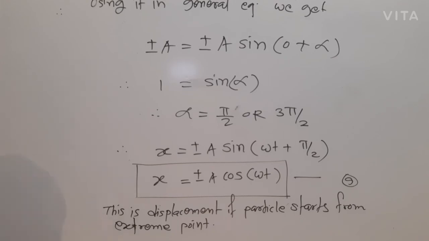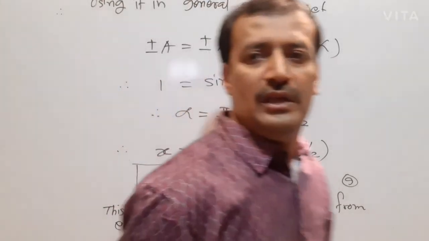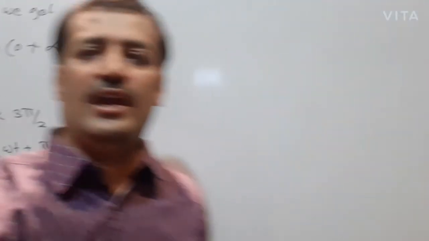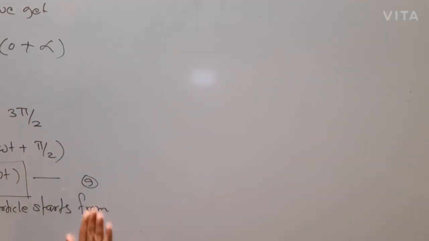Now, the additional point is expressions for displacement, velocity and acceleration. Write down, this is an additional point.